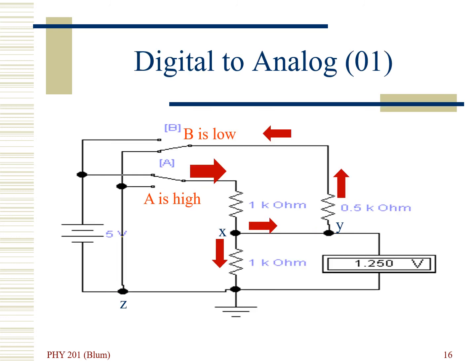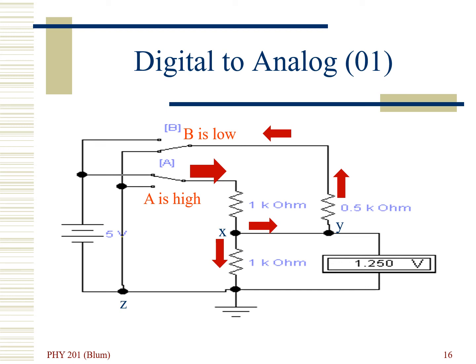So now we're going to look at state 0, 1, where B, the halves place, is low or 0, and A, the quarters place, is 1 or high. So we leave the battery and we go through switch A, and then we go through the top 1 kilo ohm resistor. Then at that point, at node X, the current will split.